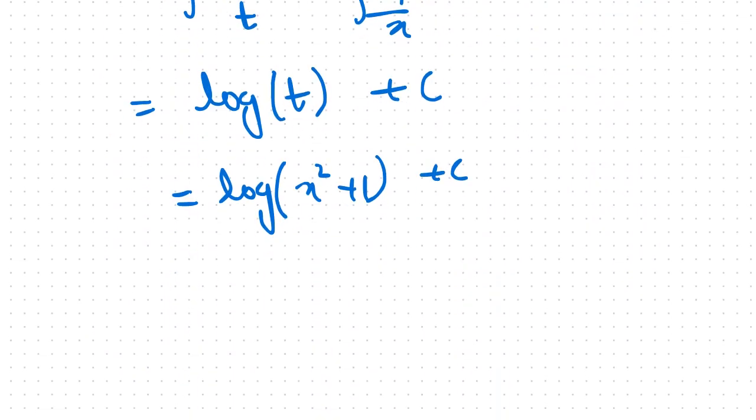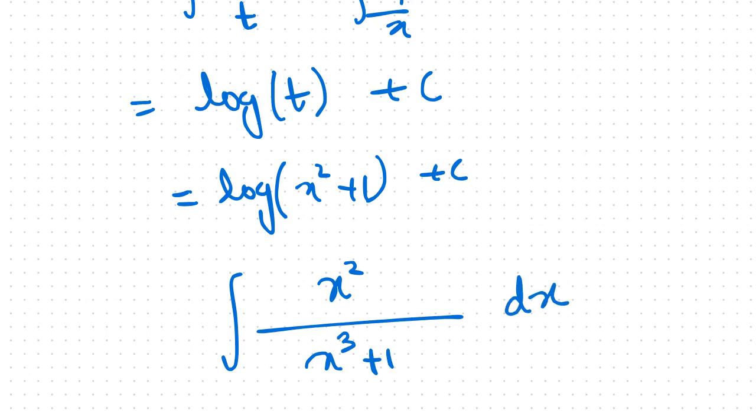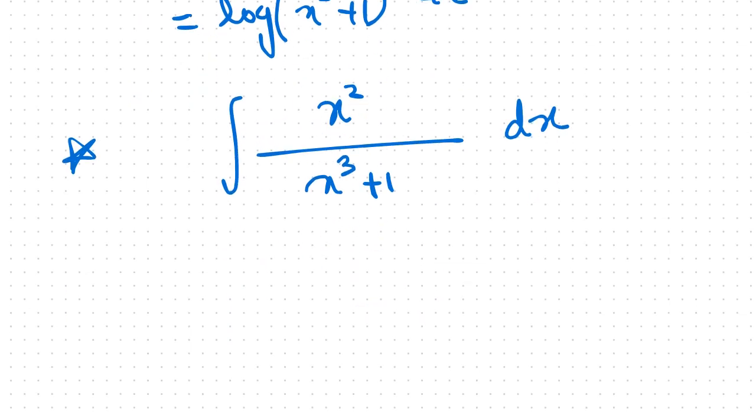So like this, it is important to notice some patterns. Let's say they write x square upon x cube plus 1. Do we have to take the derivative of x cube plus 1?